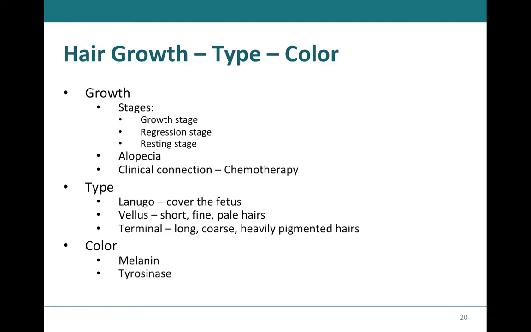So the androgens are generally your testosterone hormone. Hair color. So the color of our hair is going to be primarily due to the amount and the type of melanin that's present. And then when our hair begins to gray, it's because of a progressive decline in tyrosinase, which is one of the enzymes that is responsible for melanin.